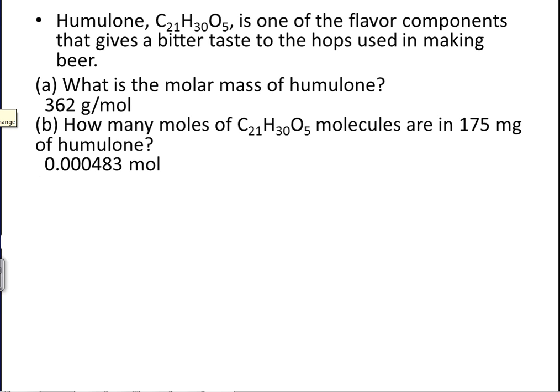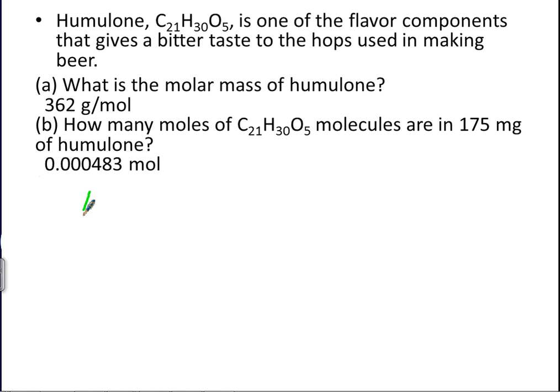Okay, so what is the molar mass of cumulant? We already know how to figure that out, right? Just do C times 21, and so on. Add it all together, that's molar mass. It's 360. Okay, I know. Alright, how many moles of this molecule? Oh, okay, I got it. Okay, so I didn't work this out, but let's see if I'm understanding this correctly.